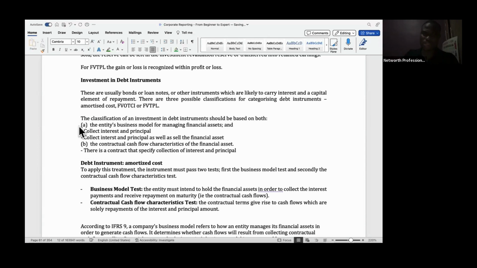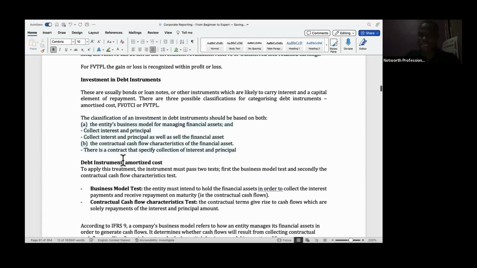Now, with this understanding, you can classify a debt investment at amortized cost if the business model is just this one, that is, just to collect interest and your principal. That's your business model. And this contractual cash flow test means that there has to be a contract that specifies that, okay, truly you will collect interest and principal.